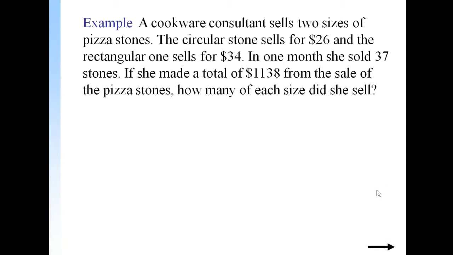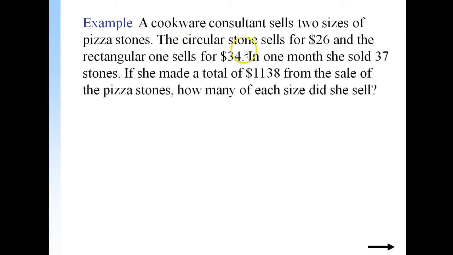Okay, let's take a look at this next one. Now again, the key to these, as you do them in your practice and later quiz me, do it slowly. You want to understand the problem. You want to work it. So here again, we're dealing with cookware this time. And there are two sizes, okay, of pizza stones.